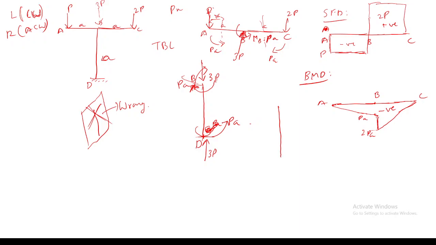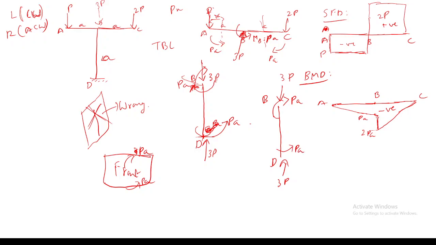So again I will draw this. 3P acts like this, which is an axial compressive load, and this PA is actually acting like this. Since PA is like this, here I am giving an opposite direction. So PA will be visible in the front plane. And this will be a bending moment for member BD.